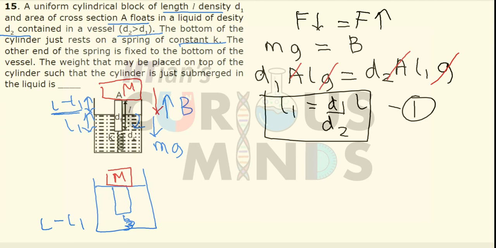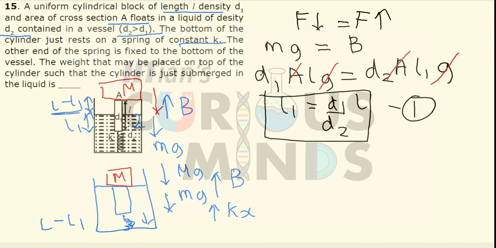Now what are the forces acting on this cylindrical block? Over here, mg will act in the downward direction, and capital Mg will act in the downward direction. Since the spring is compressed, the spring force will act in the upward direction, which will be equal to kx, where x is equal to L minus L1, and the buoyant force will also be acting in the upward direction.